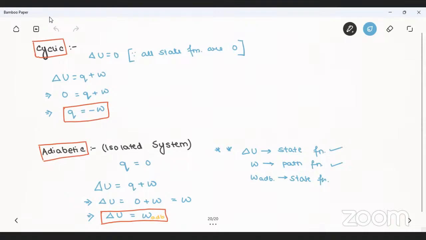Okay, so now these are the conclusions. Now we will be starting with work calculations. Again, let's start with the isothermal process.